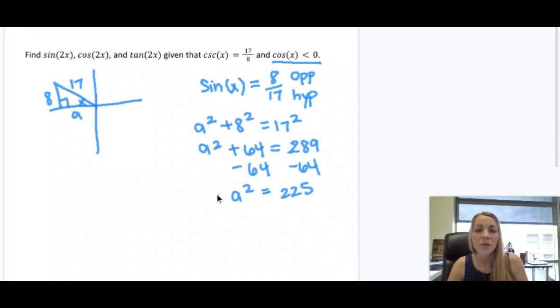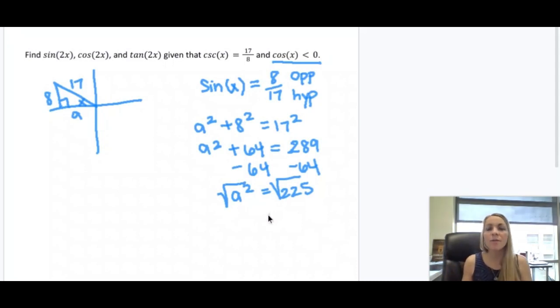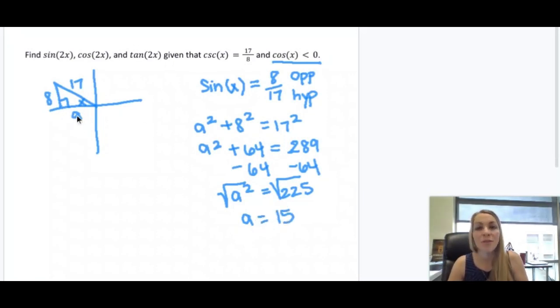And now I'm going to take the square root of both sides. Now, normally we need a plus minus, but since I'm talking about a triangle, lengths can't be negative, so I'm going to ignore that part. I have a equals 15. So I'm just going to replace this a with 15 then. You may have recognized this as a Pythagorean triple, 8, 15, 17, but if you didn't have that in your toolbox of things that you know, you can always fall back on the Pythagorean theorem.